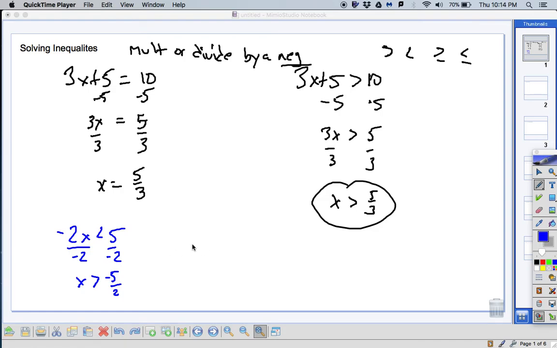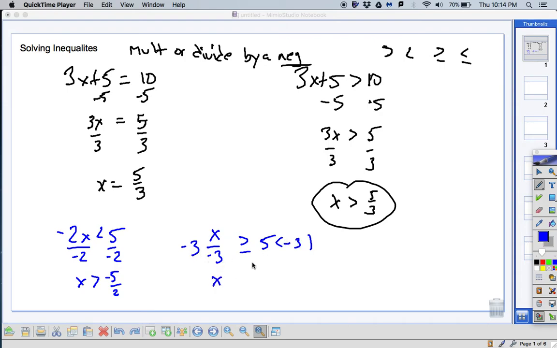Okay, so let's look at a case for divide. Let's say I have x divided by negative 3 is greater than or equal to 5. Okay, in this case, we're dividing by negative 3. We want to undo that. You undo it by multiplying by negative 3. If you do it on one side, you got to do it to the other side. And when you multiply by a negative, you are going to switch the sign around.